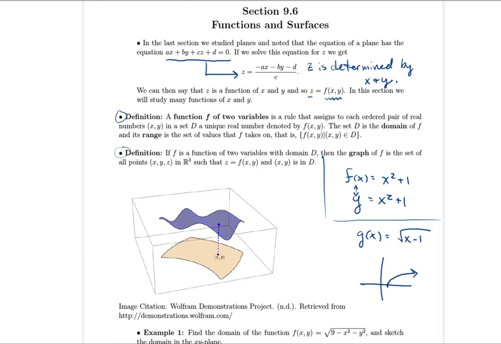Now, when we say that the domain is all numbers bigger than 1, you can think of the domain as just this interval here that goes on forever. And what happens is that you take each member of this domain and send it up to a y value. For instance, if you take the value 5, it gets sent up to the y value of 2.